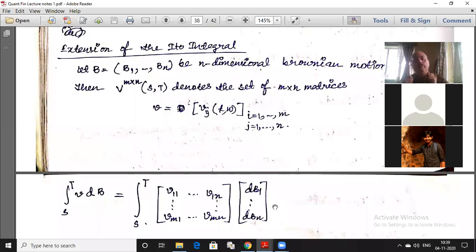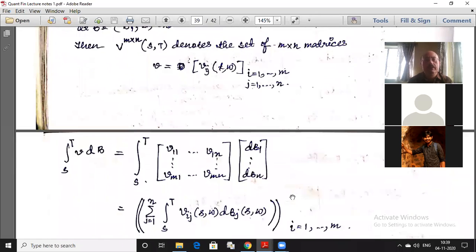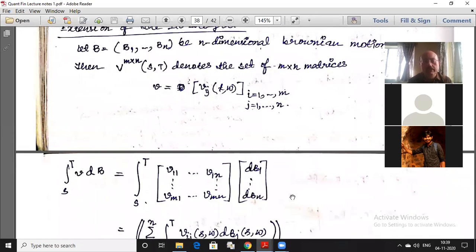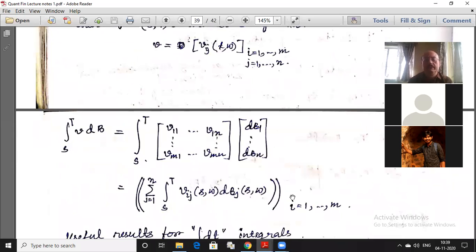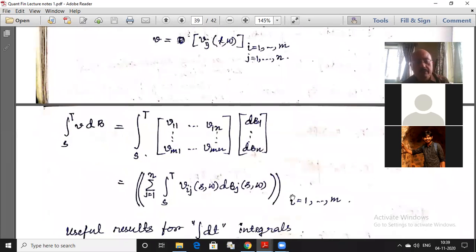So if I have multiple sources of uncertainty, I will need multiple Brownian motions to model that. And hence, we needed an extension of the Ito integral to multi-dimension. And formally, that can be done using our typical vector matrix type of notation, as we discussed on Monday. So that's where we stopped.